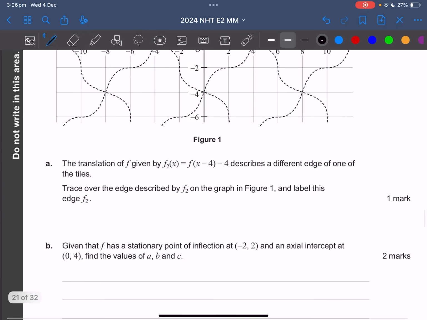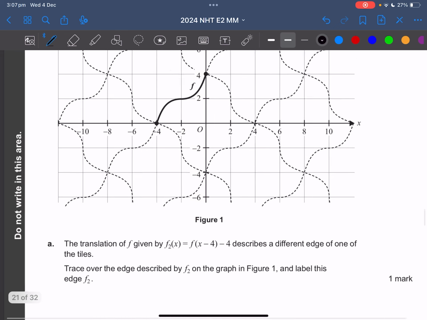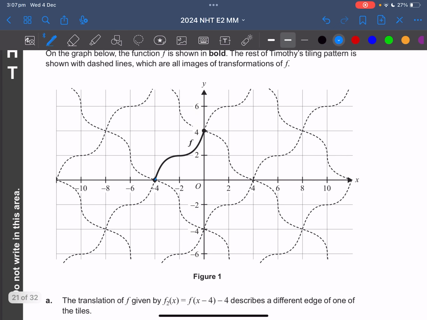The translation of f is given by f2(x) equals this, and describes a different edge of one of the tiles. Trace over the edge described by f2 on the graph in figure 1 and label this edge f2. So what I'm going to do is trace f first and then follow the transformations after that. So let's see.